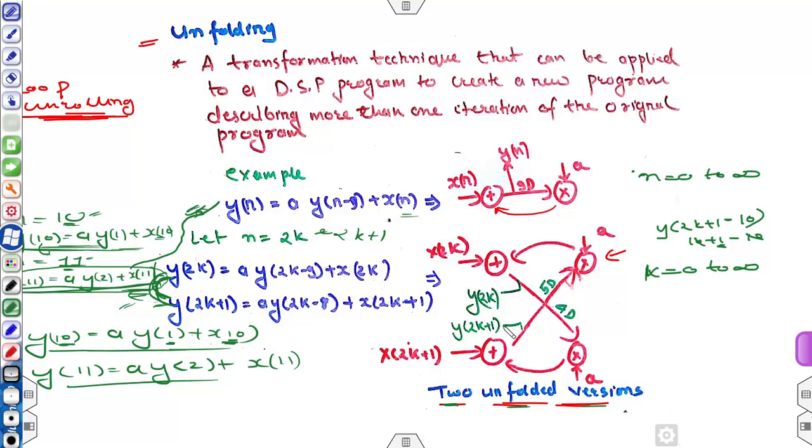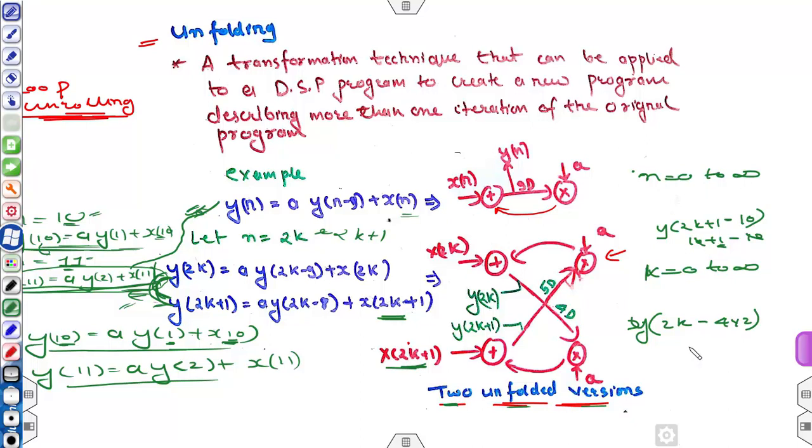Similarly, at this point, y of 2k plus 1 is the summation of x of 2k plus 1 coming from this source, and the second input is coming from this point, that is also multiplied by a. At this point, y of 2k is delayed by 4D, so 4 into 2.